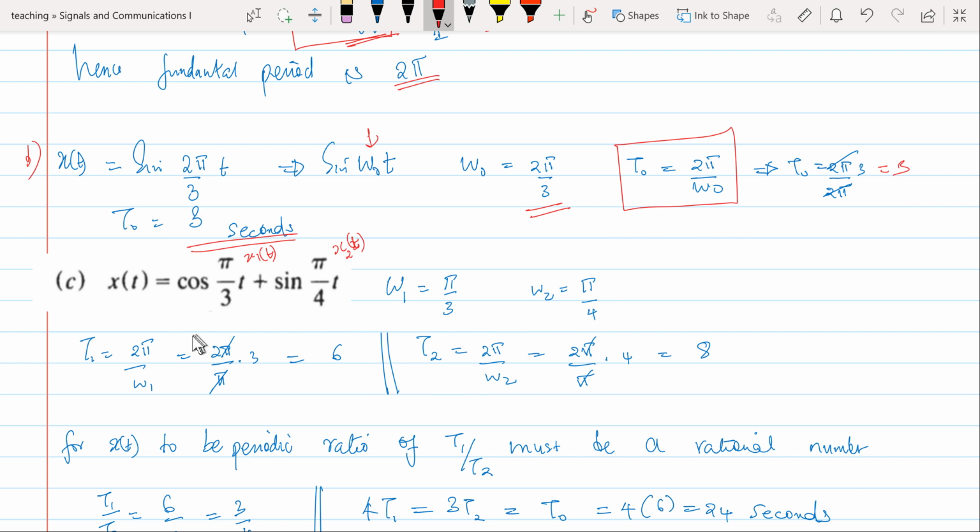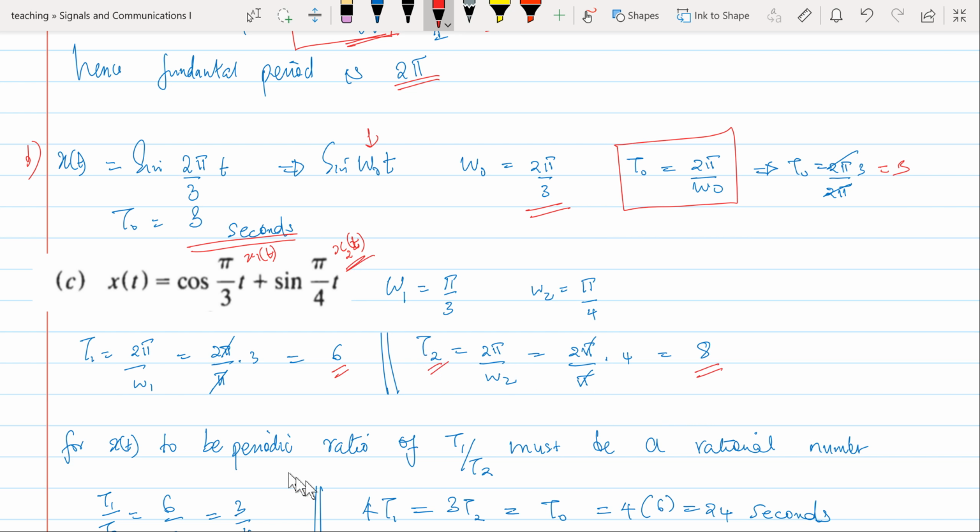We can obtain the period for each: 2 pi over omega 1 gives us 2 pi over pi over 3, which is 6. And the period for the second signal x2 of t is 8.